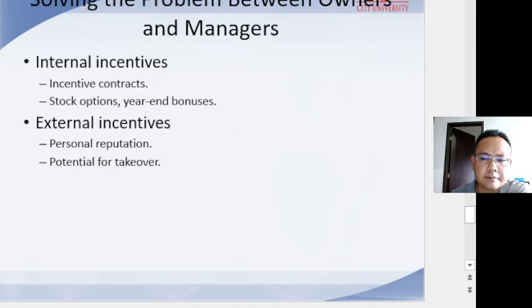And then another option we can use to solve the problem between owners and managers is external incentive, for example personal reputation and potential for takeover. For reputation, managers have increased job mobility when they can demonstrate to other firms that they have the managerial skill needed to maximize profit.